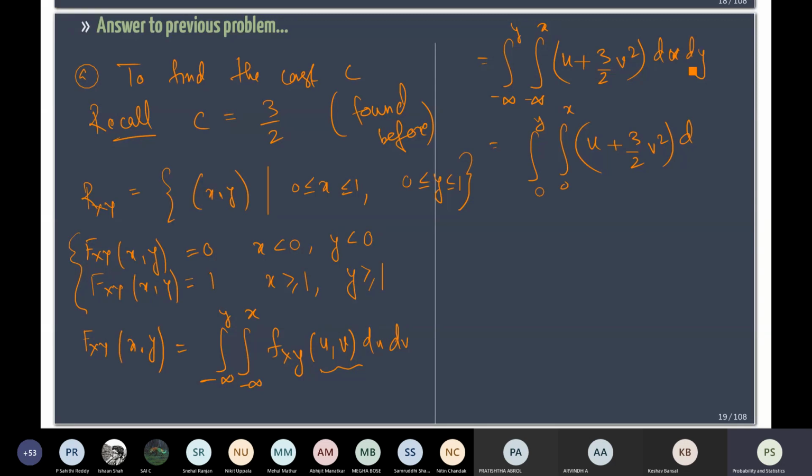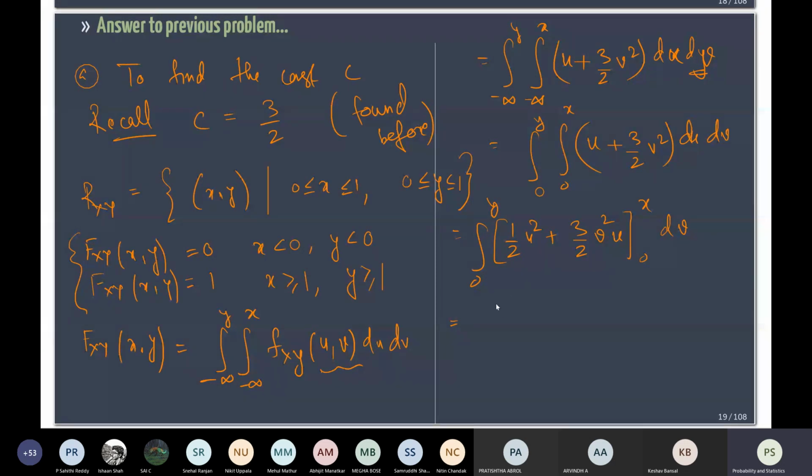Sorry, it should be du dv here. If we integrate with respect to the inner one, we get half of u squared plus 3/2 v squared u, with limits 0 to x, and then the remaining part is dv.